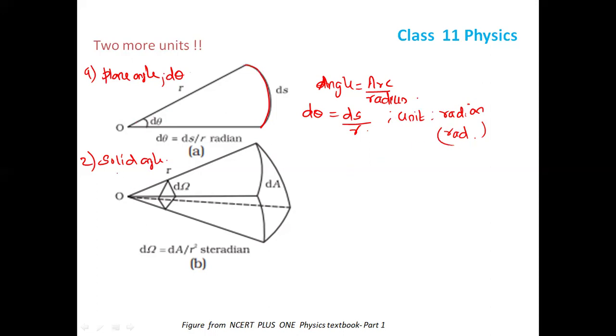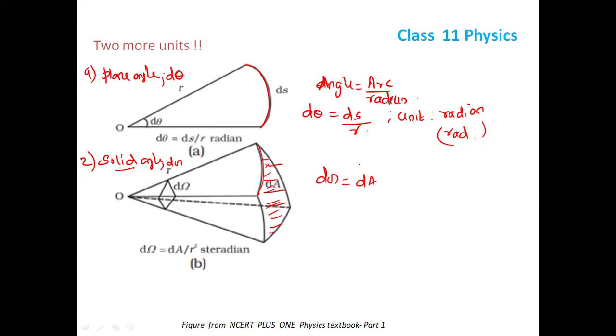Solid angle: if the angle is formed by the intersection of 3 planes, then that is a solid angle. Solid angle is represented by d omega. As always, d omega is given by the intercepted area. The area intercepted here is given by this. Remember, this is a 3D figure, and here you are specifying the 3D angle, d omega.